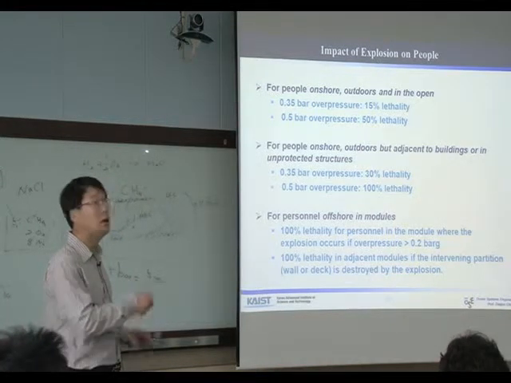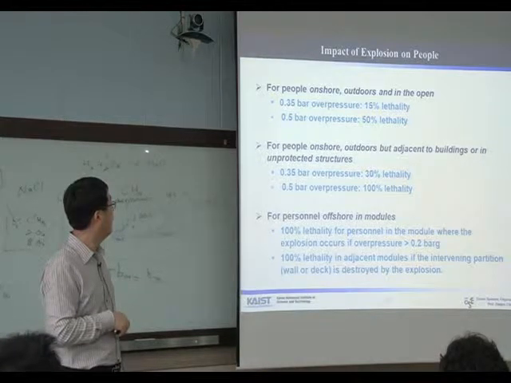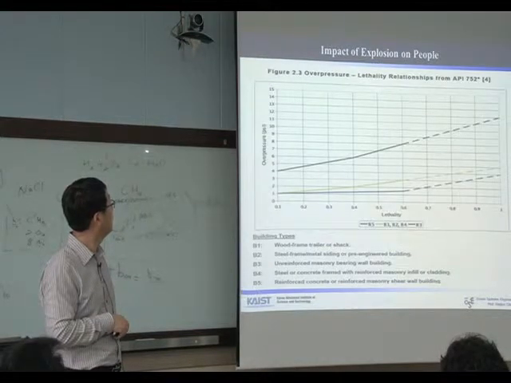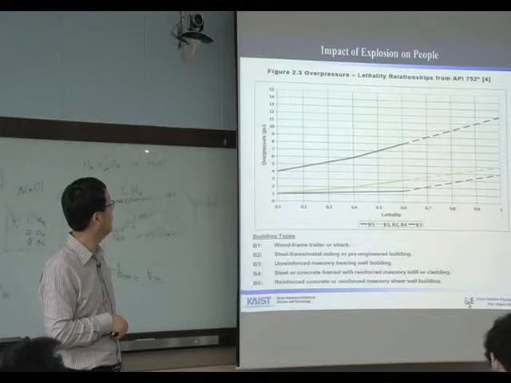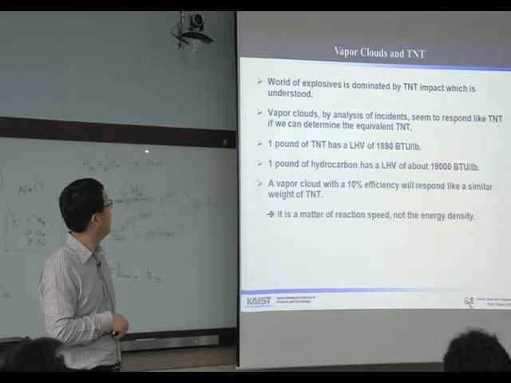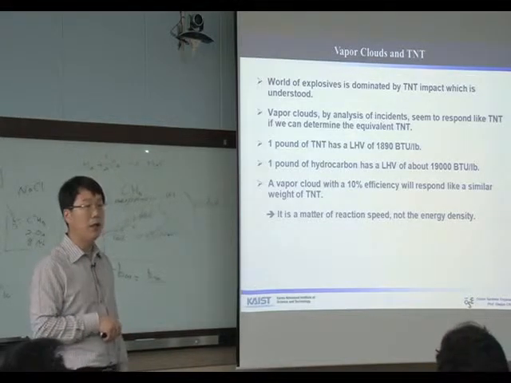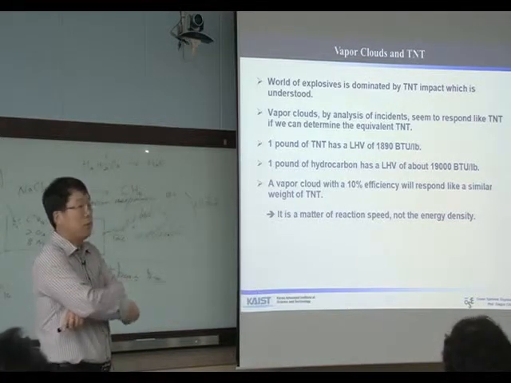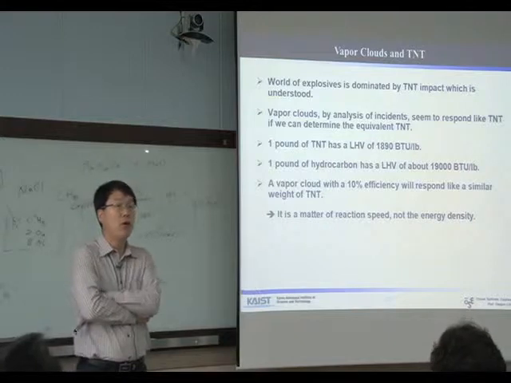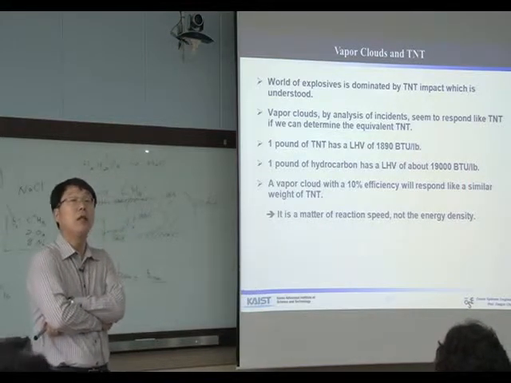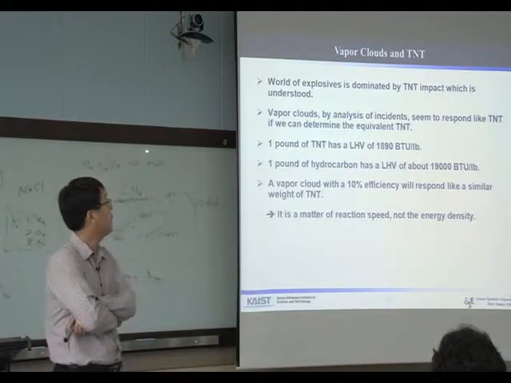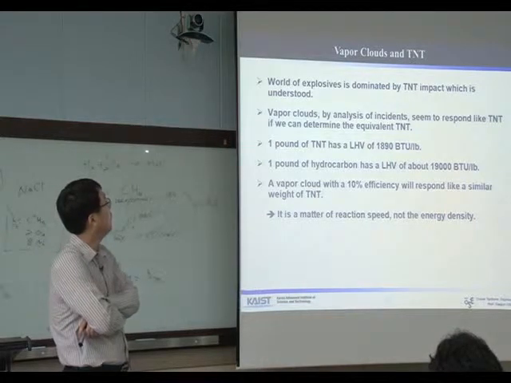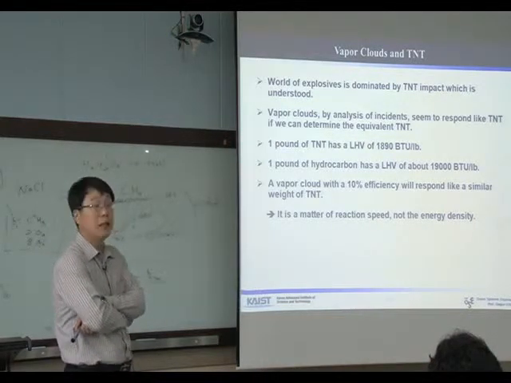There are other indicators. You can understand this one too. Vapor cloud and the TNT. The world of explosives. An explosive is an exploding material, and it has been dominated by TNT.